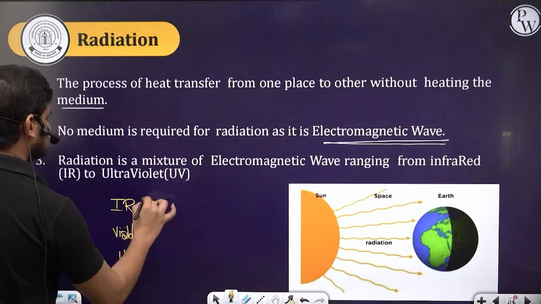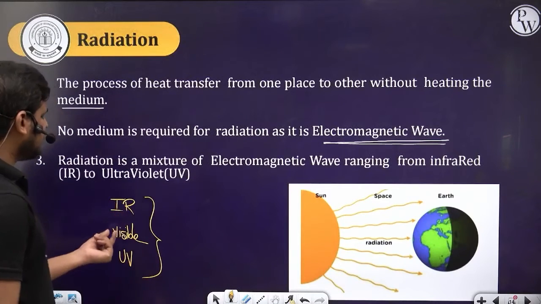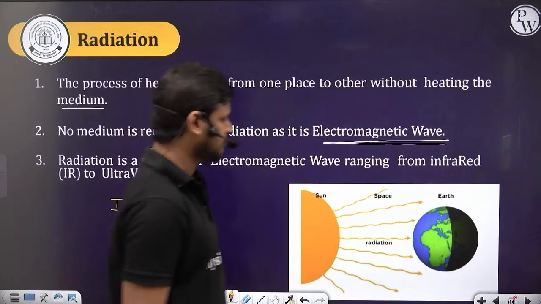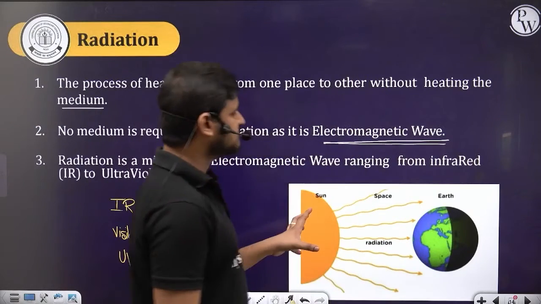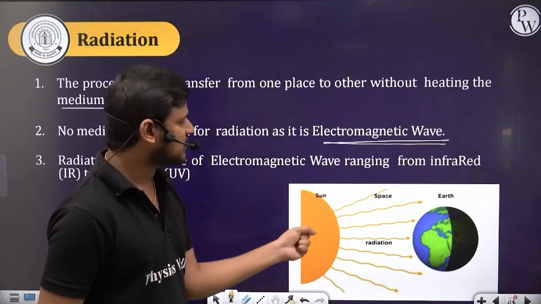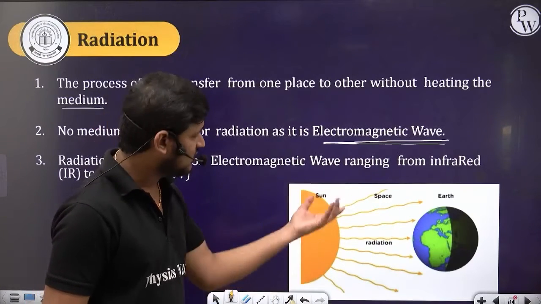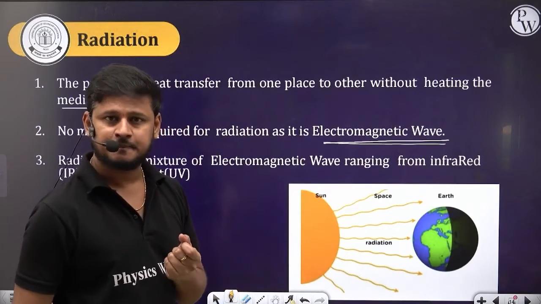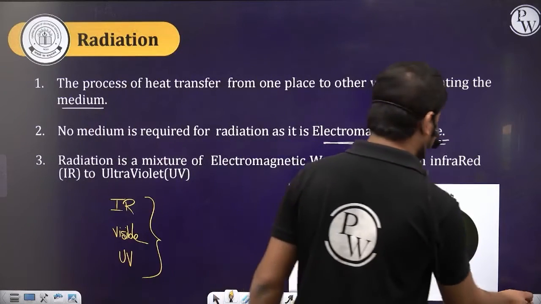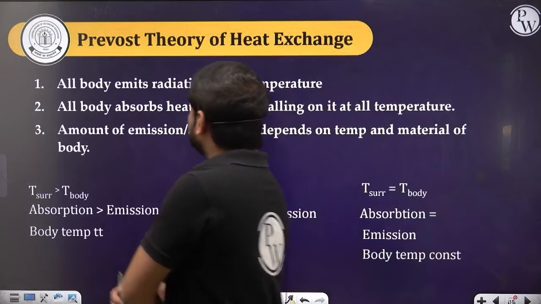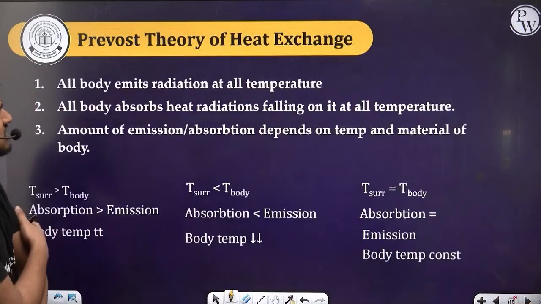The heat radiation we are talking about is infrared, visible and UV. From the sun to the earth, whatever heat is transferred, is transferred through the radiation process. You can observe it in this diagram. This part is important, just try to understand this clearly.